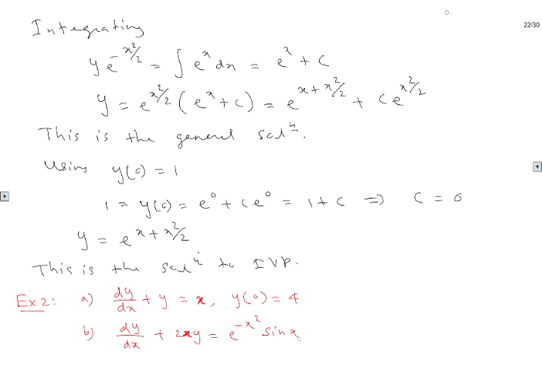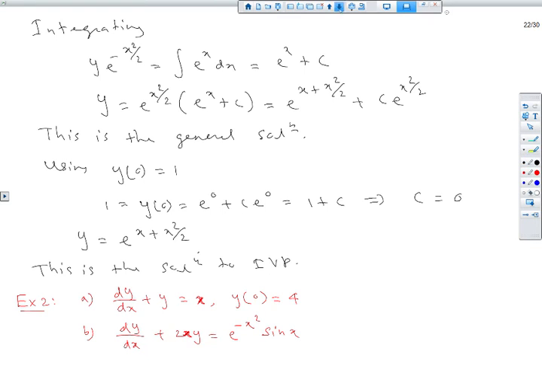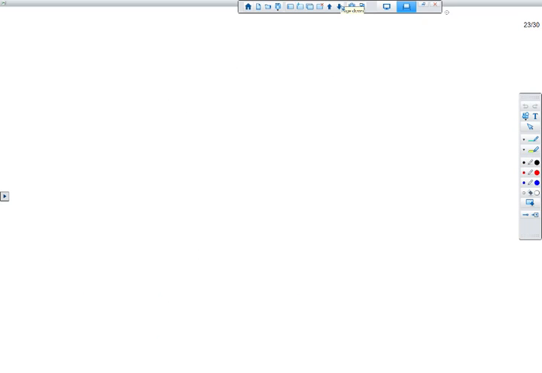Okay, so let's go to another problem. Example number 3. Solve t dy over dt plus 5y equal cosine t over t to the 4th.